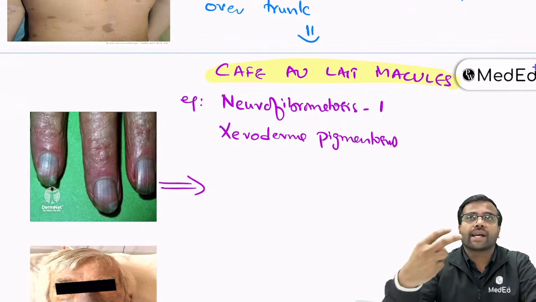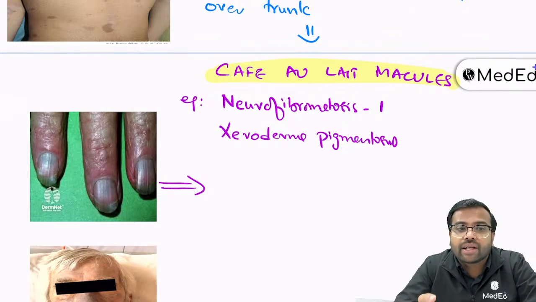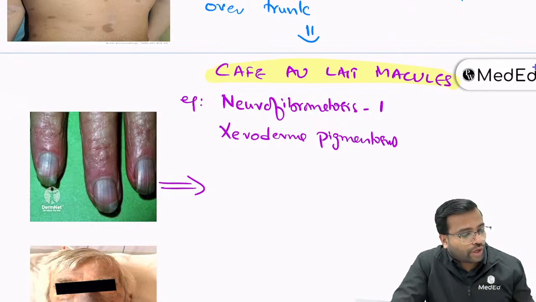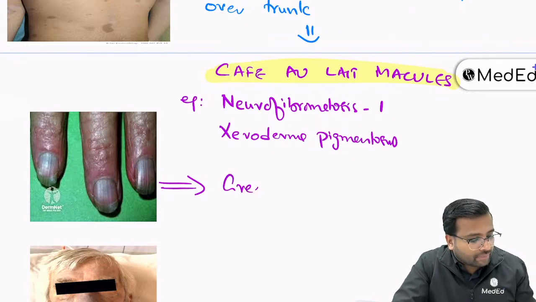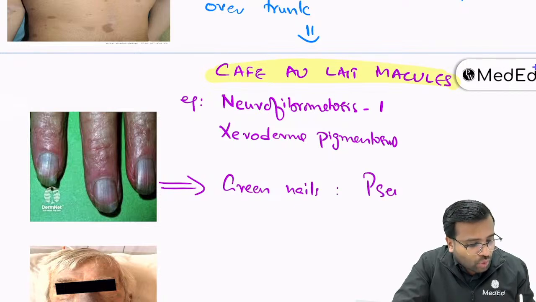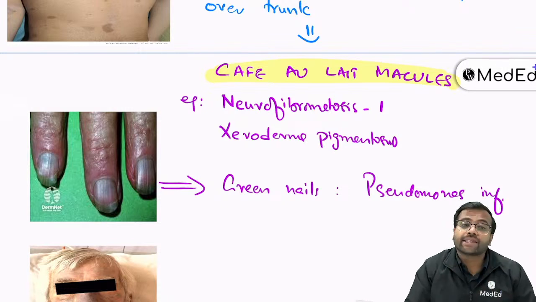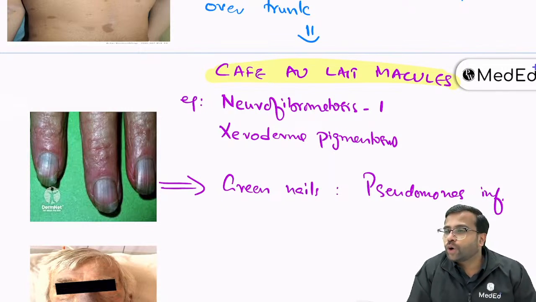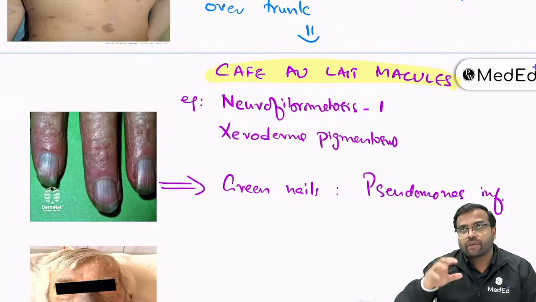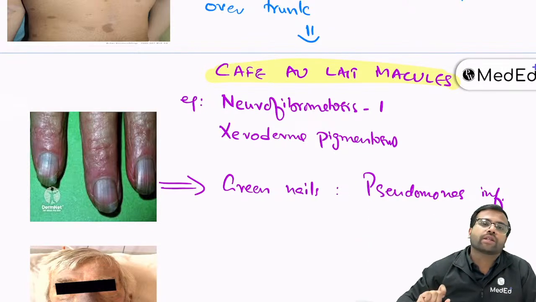If there is a green color, so if there are green nails, then this can be a pseudomonas infection, like green nail syndrome or chloronychia. Whenever you see green color, think about a pseudomonas infection.